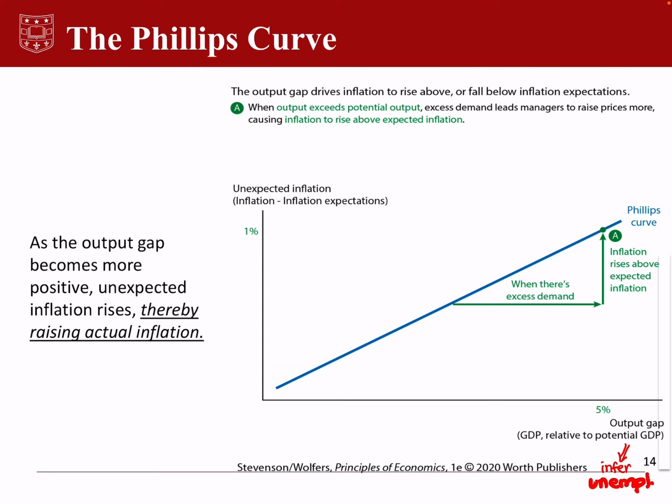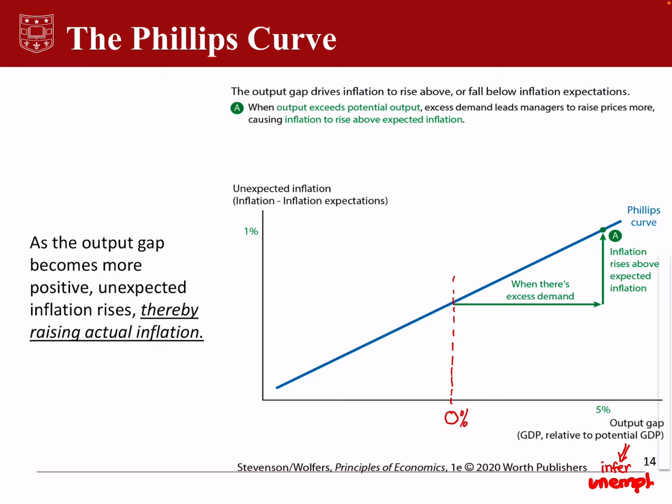But we have in this depiction of the Phillips curve a somewhat more modern take on it. So what do we observe? We observe that when the output gap becomes more positive, as we'll see in the next picture, we're going to suppose, say for instance, that this is 0%.